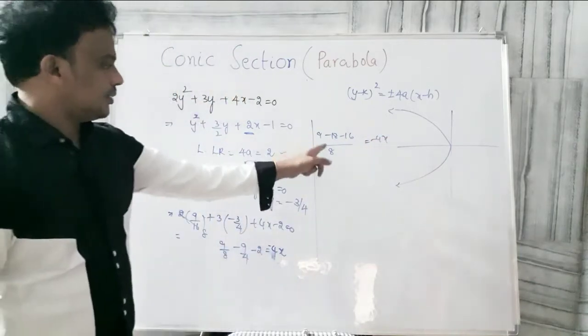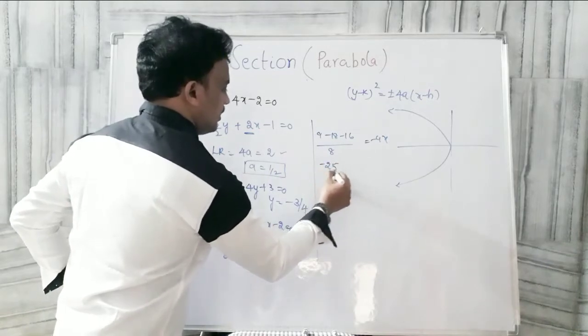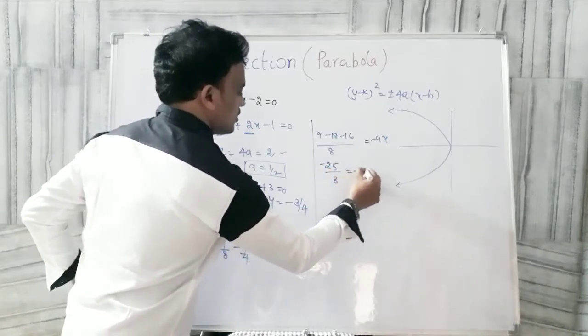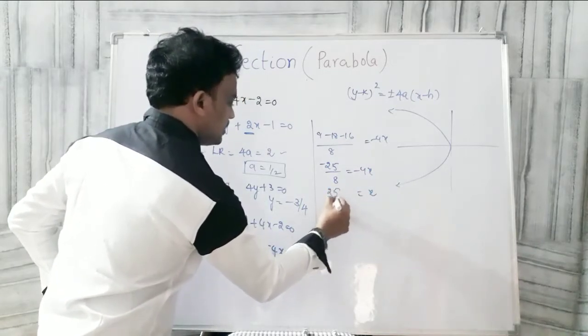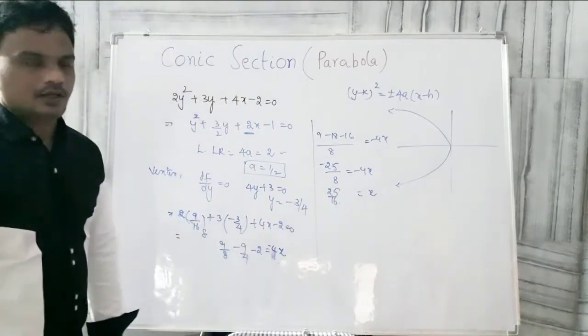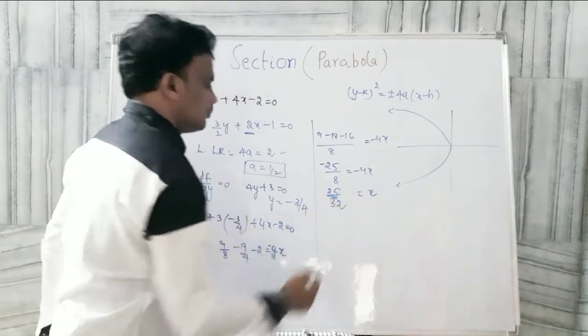So minus 25 by 8 is equal to minus 4x. Then x is equal to 25 by 16. No, not 25 by 16, it is 25 by 32.